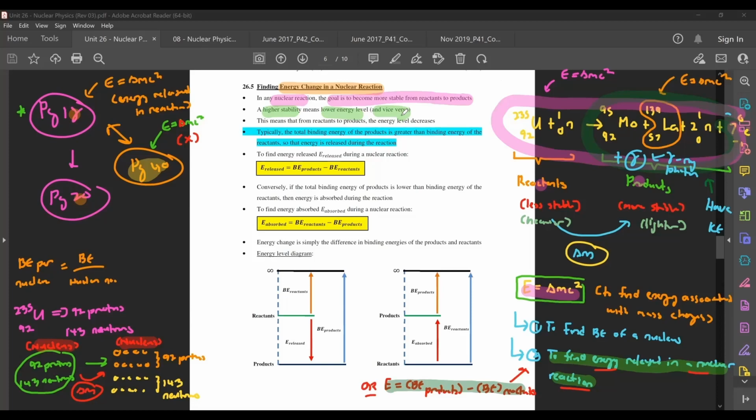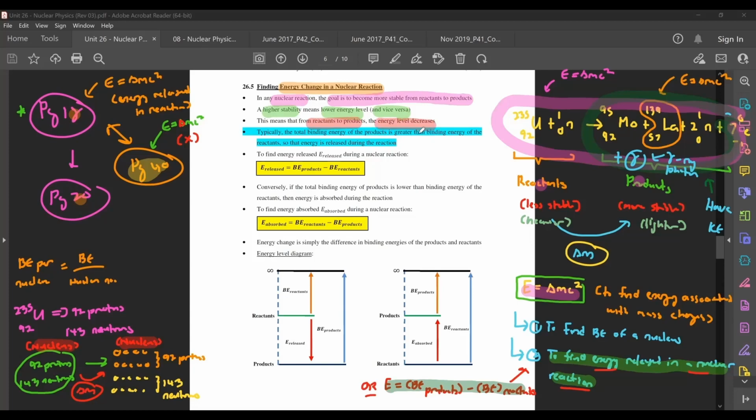All right, something at a higher stability will be at a lower energy level. Just like in chemistry, we say that if an electron is at a lower energy level, it is more stable. So I'm applying that same concept for a nucleus right now.